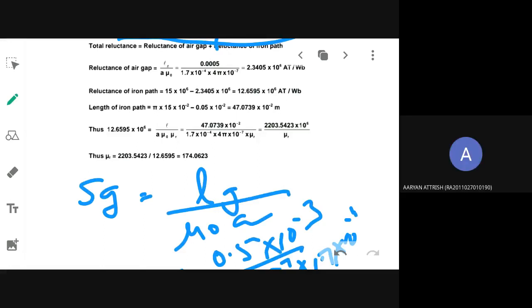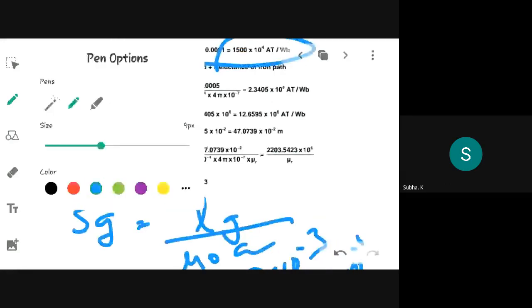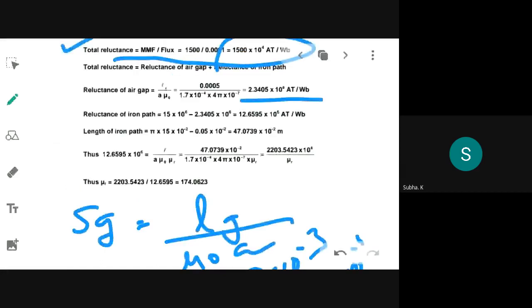You are getting 2.34 into 10 to the power 6 ampere turns per Weber. Yes, ma'am, 2.34.